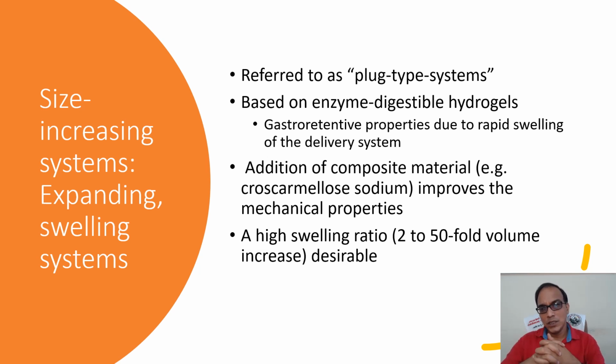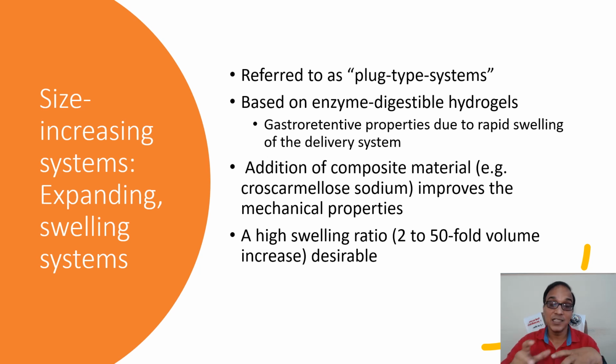Generally these systems are referred to as plug type systems. Basically, it is a plug which is affixed to the pyloric region. We can design them based on enzyme digestible hydrogels, with gastrointestinal properties due to rapid swelling of the delivery system. Addition of composite material like croscarmellose sodium improves the mechanical properties.